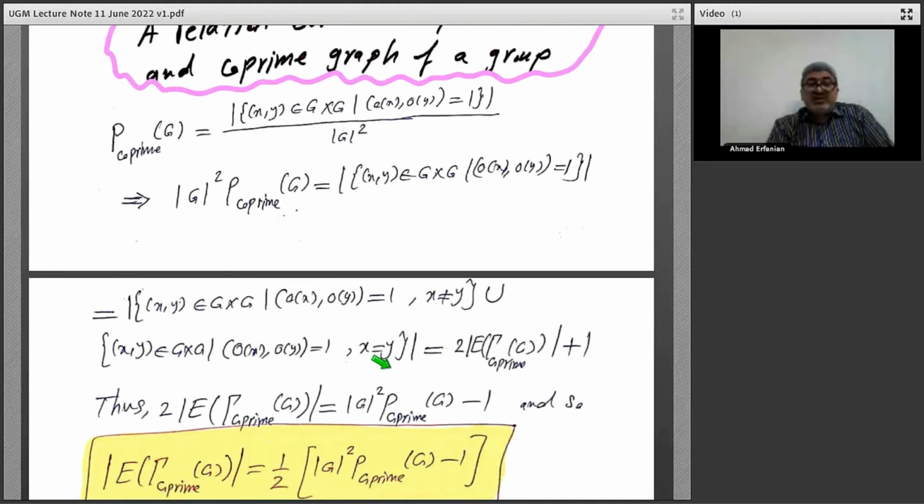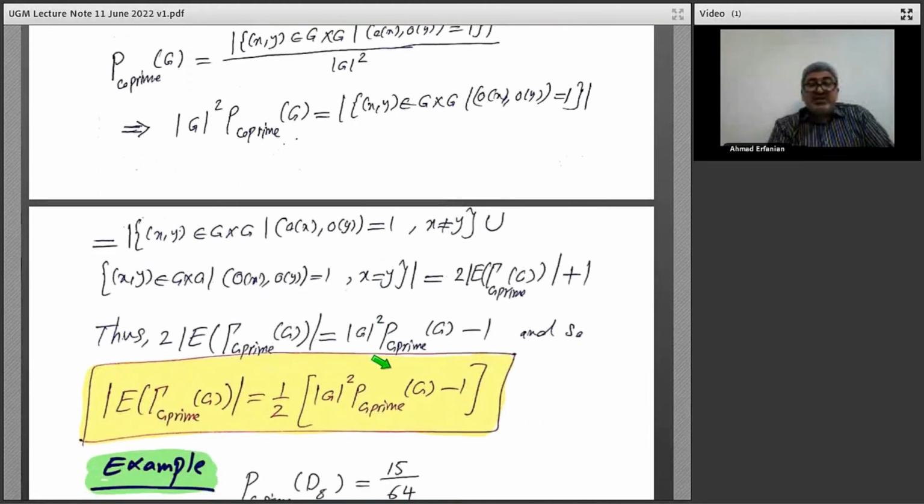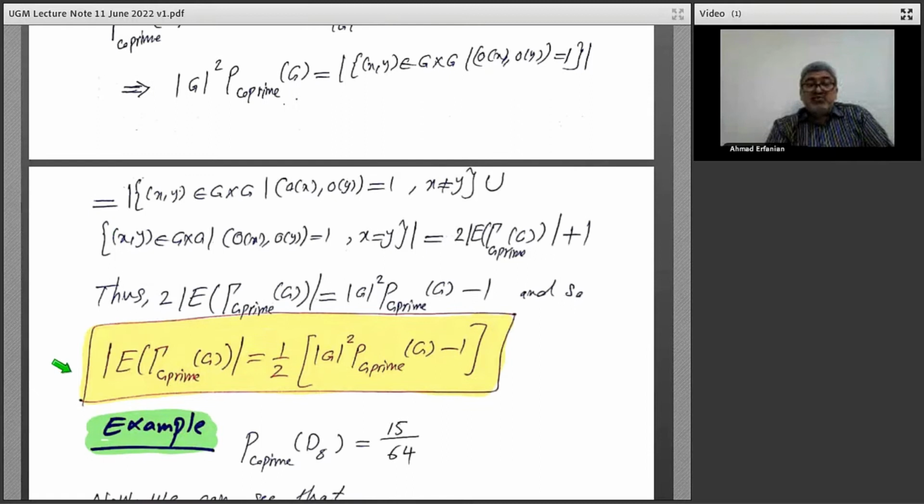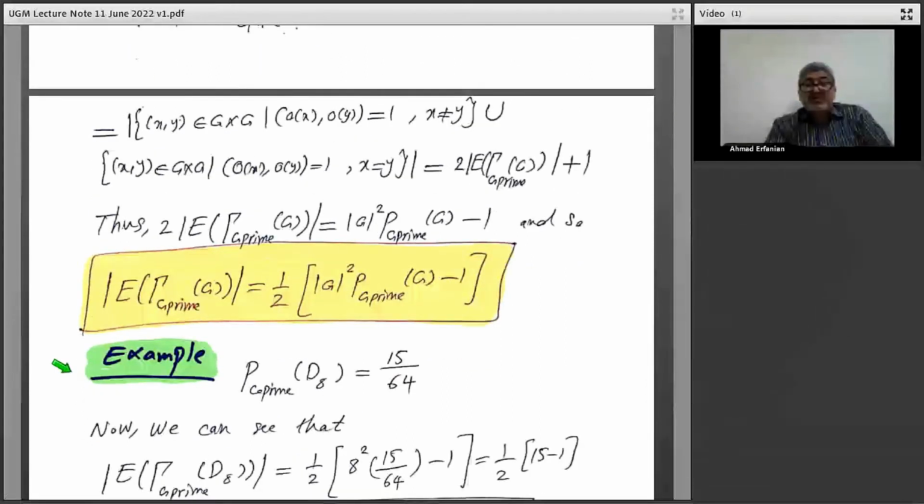Now we can split this set into two disjoint sets: the set of pairs x and y such that x and y are coprime in order and x is not equal to y, union the set of all pairs x and y such that x and y are coprime in order and x is equal to y, right?